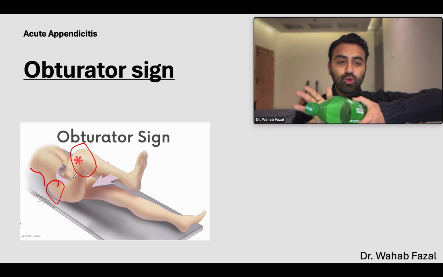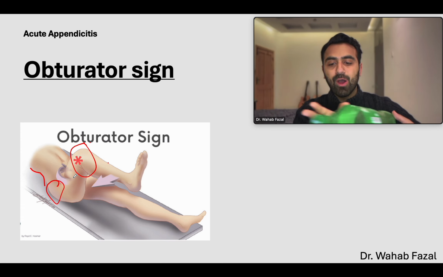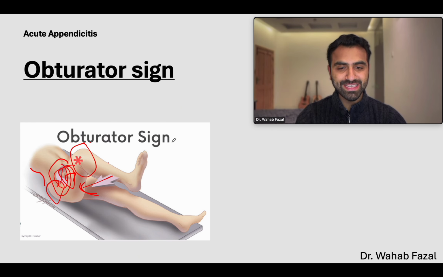So basically you rotate it inwards, towards the pelvis, and you take their leg out. This is exactly what this demonstration shows you. You're rotating the hip joint towards the pelvis and the leg outwards. This is the obturator sign. And the patient will experience pain here.